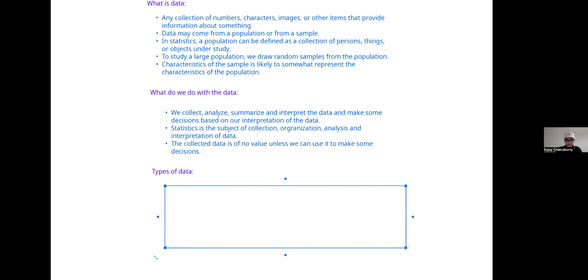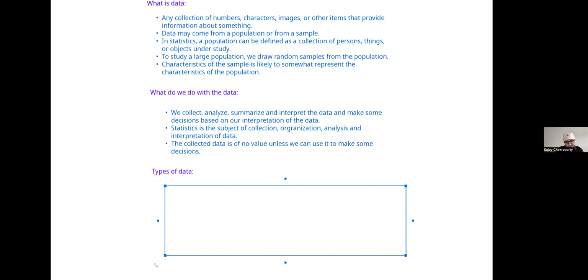Zip code, phone number, etc. are examples of qualitative data. So mathematical operations are meaningful only for quantitative data.